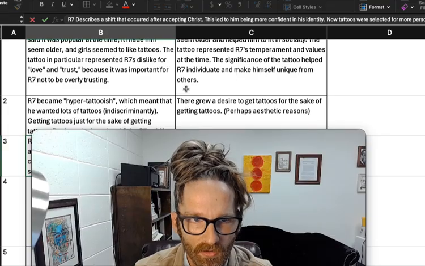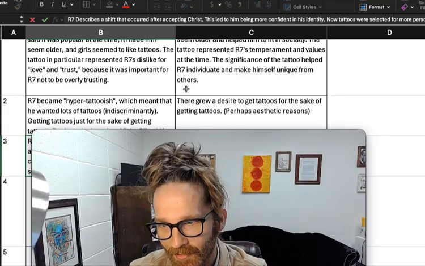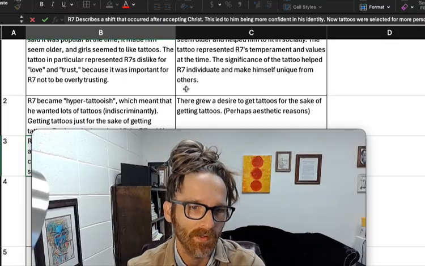Not identity construction per se, but connecting to enduring qualities or aspects of the identity.